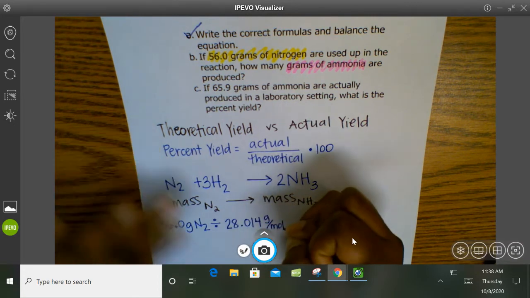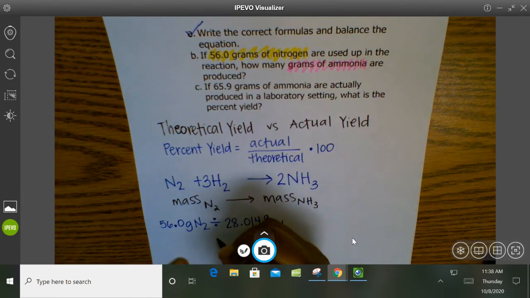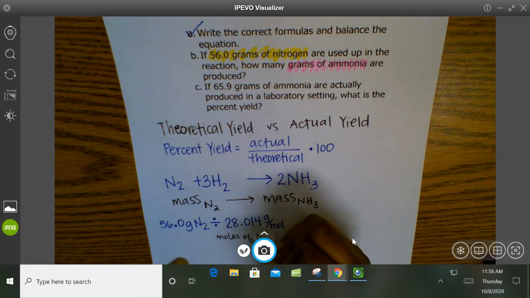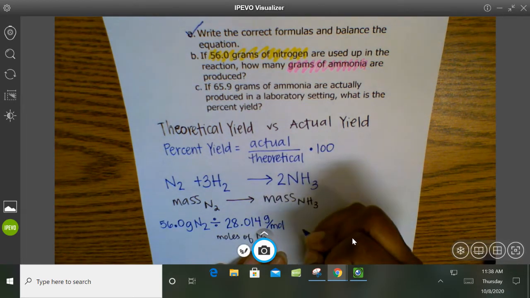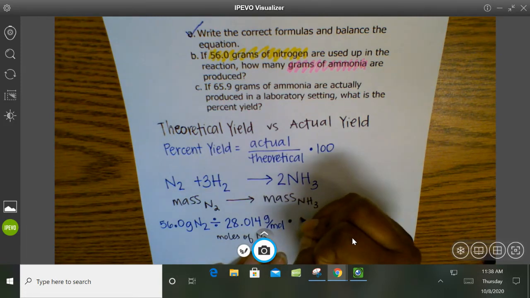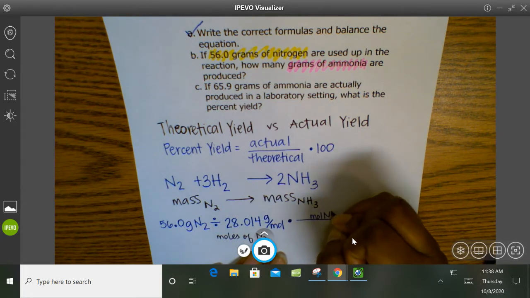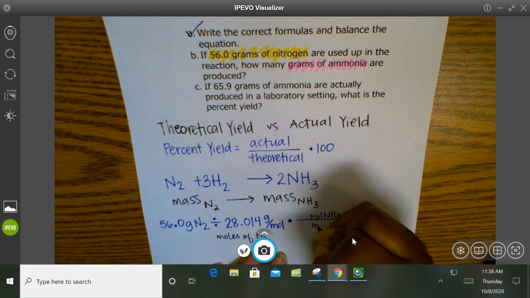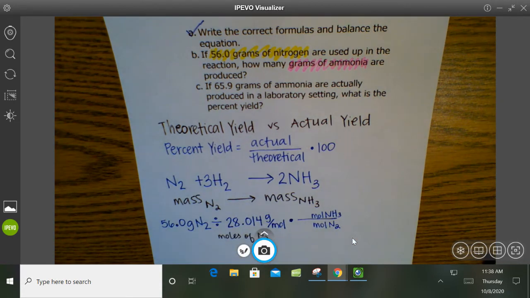That will give me moles of nitrogen. Okay, and then from there, I'm going to convert moles of nitrogen to moles of ammonia by multiplying by the mole ratio. It's always going to be what you want goes on top, and what you're given goes on the bottom.